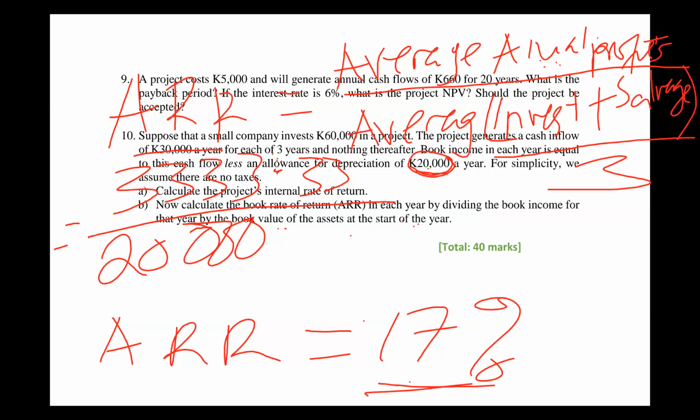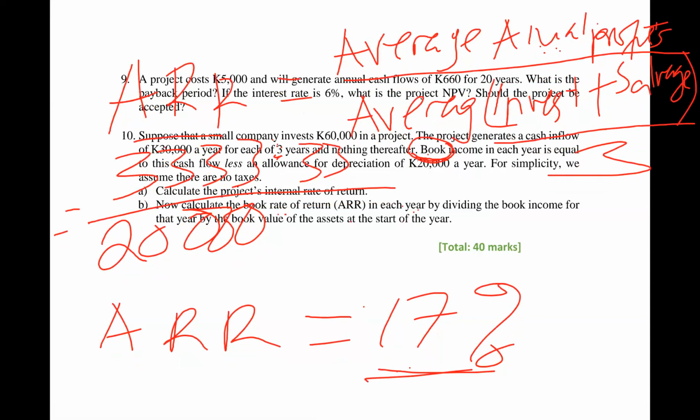So to find the accounting rate of return, which is also called the average rate of return, you should find the average annual profits divided by the average investment plus the salvage value. So to find the average annual profit, you have to find the annual profit first.